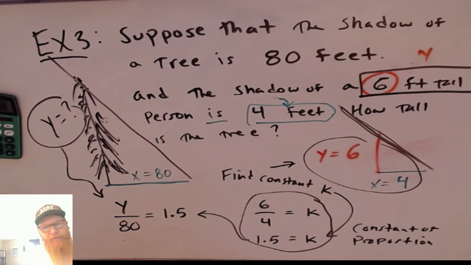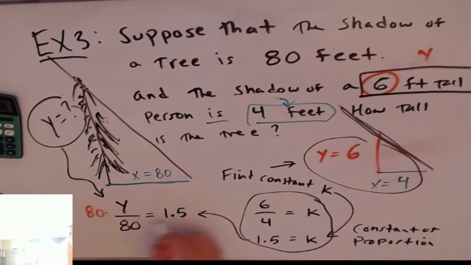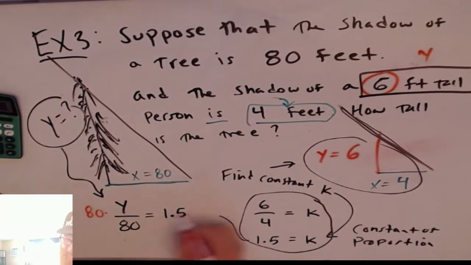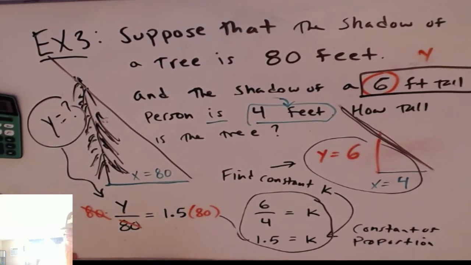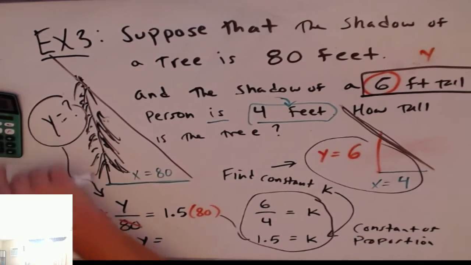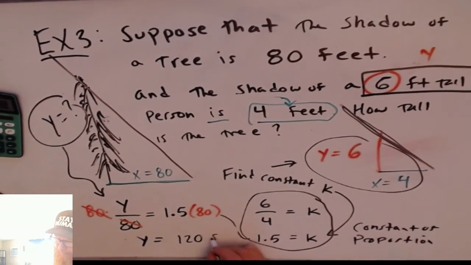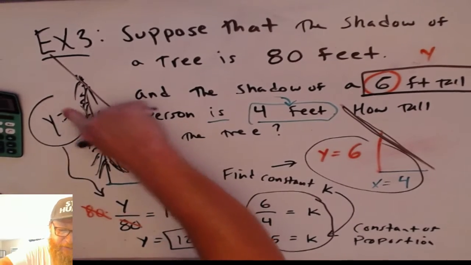Sometimes you'll be solving for x. Solving for y is actually a lot easier than solving for x. You solve for y just by multiplying, in this case, both sides by 80. And so now you get y is 1.5 times 80, which we all know is 120. And so that means the height of the tree is 120 feet.